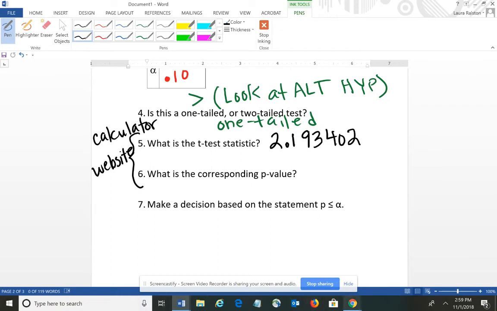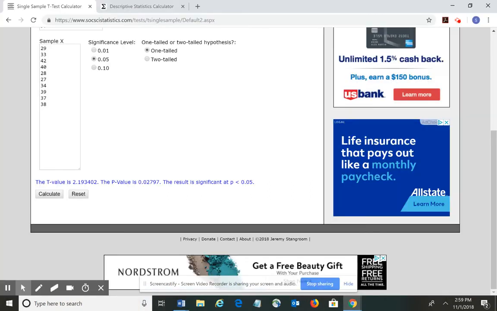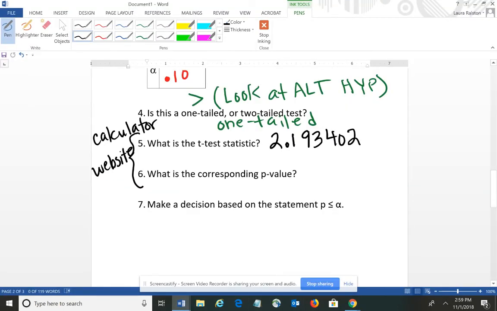My corresponding p-value, again from my calculator, is 0.02797. Then I'm going to compare the p-value to alpha.